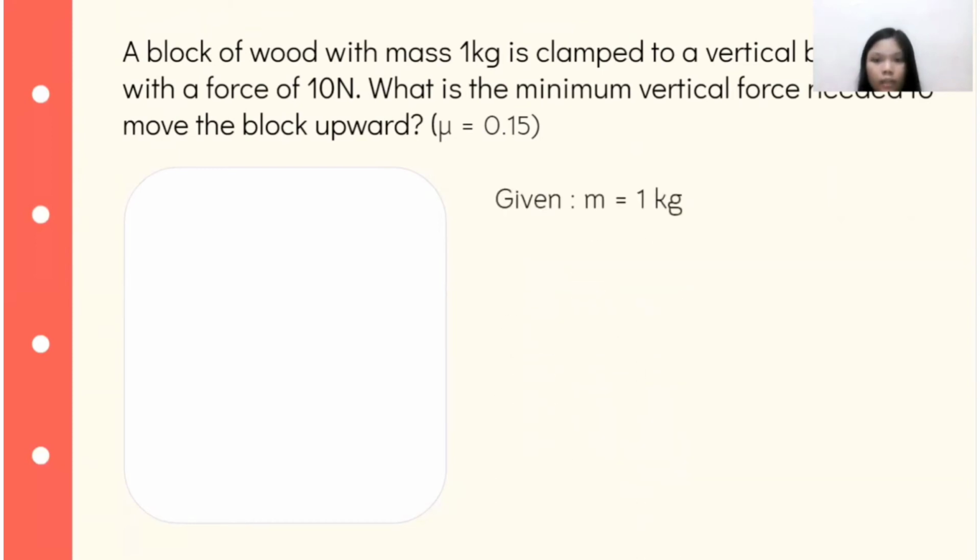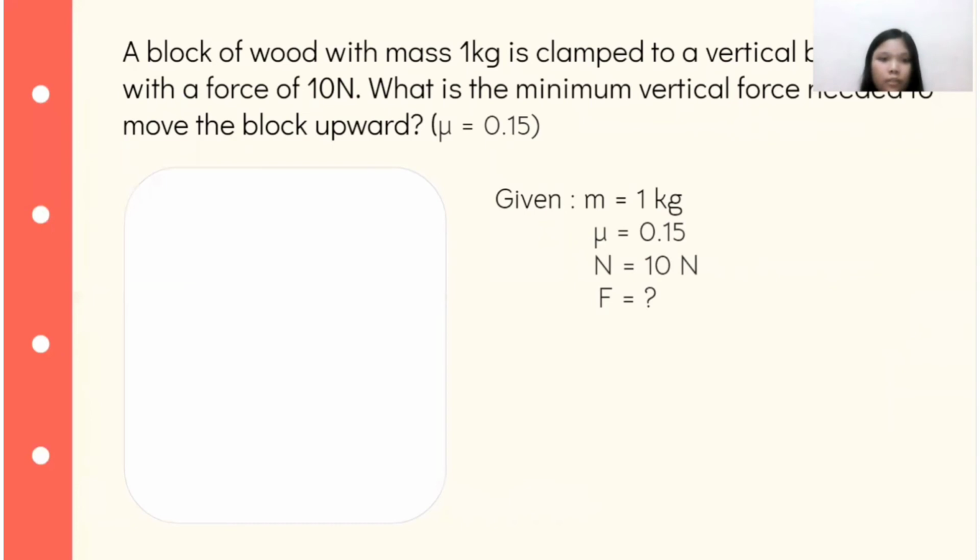First, we need to write the given. Given m equals 1 kg, mu equals 0.50, N equals 10 newton, and we need to find the minimum vertical force needed to move the block upward.